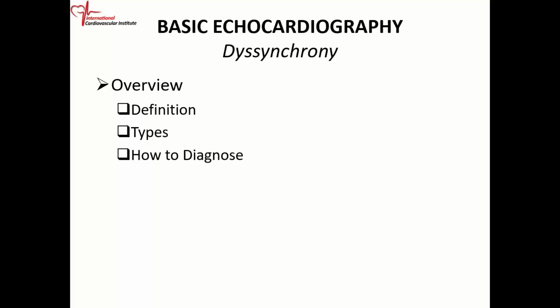Because if you want to maximize the pumping function, everything has to come in at the same time, so you can mobilize the maximum amount of blood out of the heart. So when we say dyssynchrony, there is some abnormality in the synchronization of the heart as a pump.